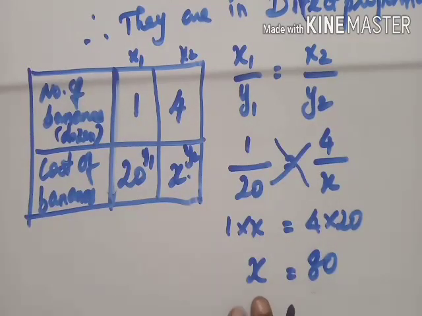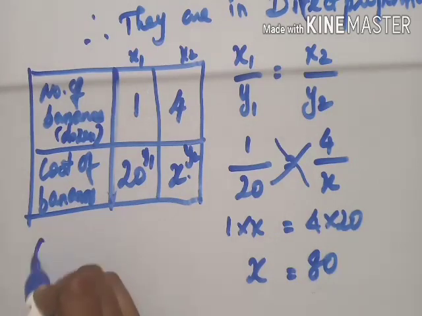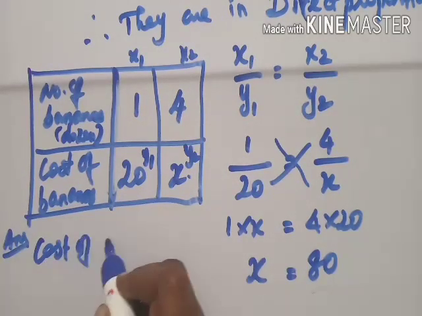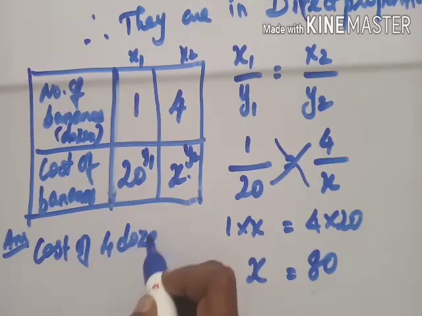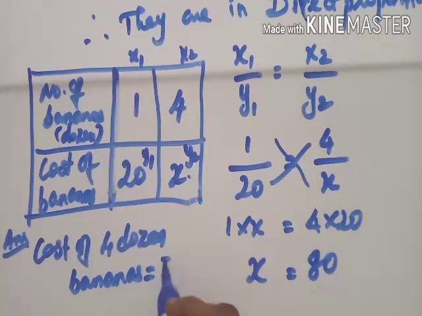So X is the cost of 4 dozen bananas. So the answer is: the cost of 4 dozen, that is 48 bananas, is equal to rupees 80. That's the answer.